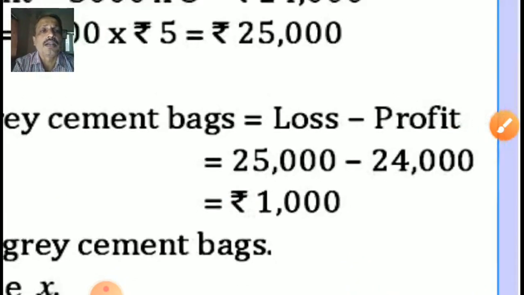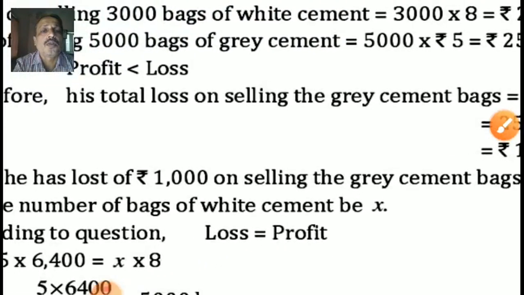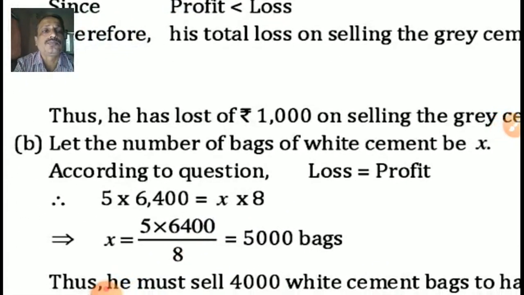Now we can come to our point number 2. Let the number of bags of white cement be X. Because grey cement bags given are 6,400 and we are knowing both profit and loss are equal.